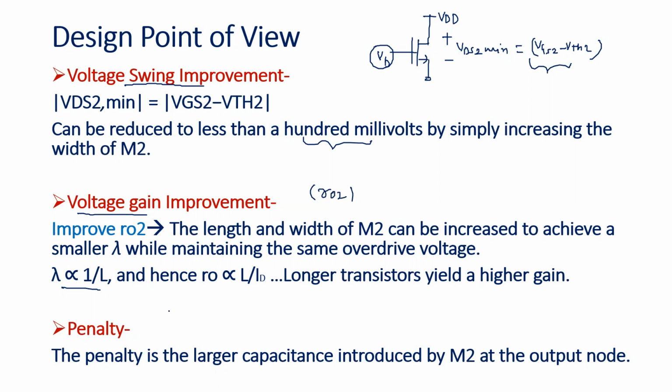If ro is enhanced, our gain is also enhanced. So we can conclude that a longer transistor yields higher gain.